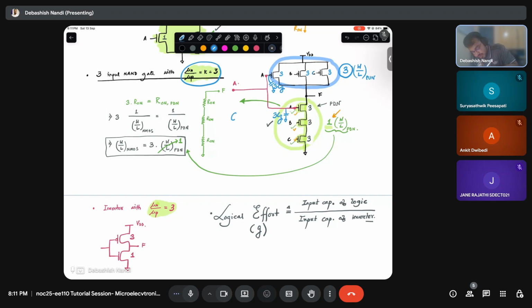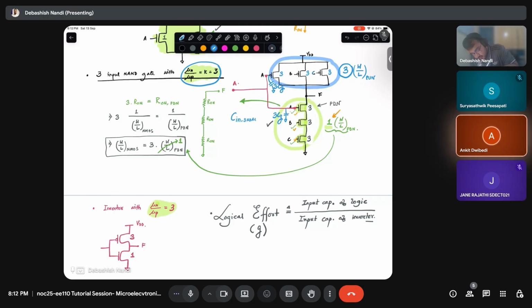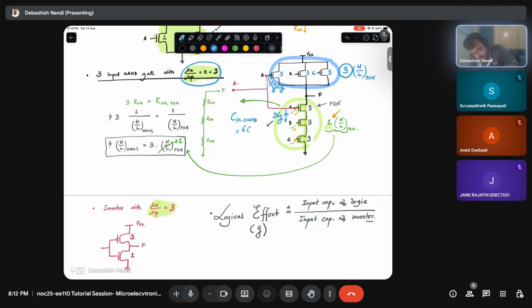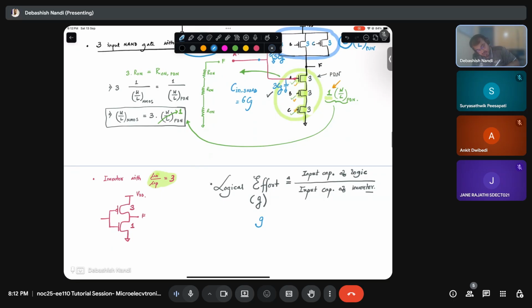So what is the input capacitance? C input of 3 NAND is 6 Cg, because these two are in parallel from this node to the ground node. So the logical effort of a 3 input NAND with K equal to 3 is 6 Cg.